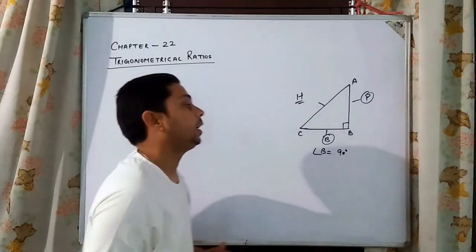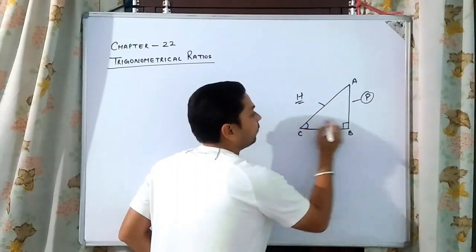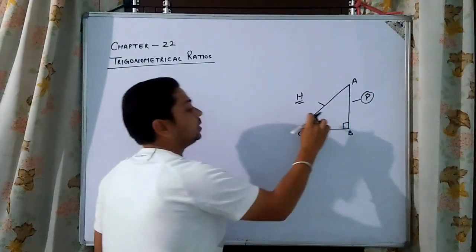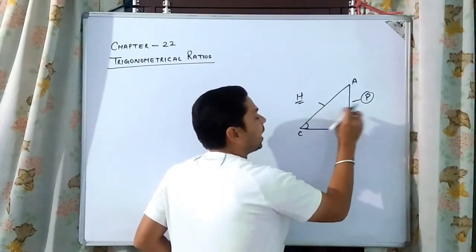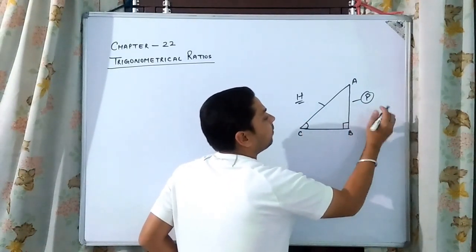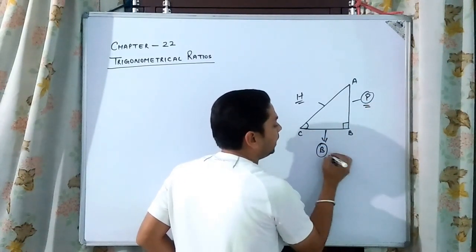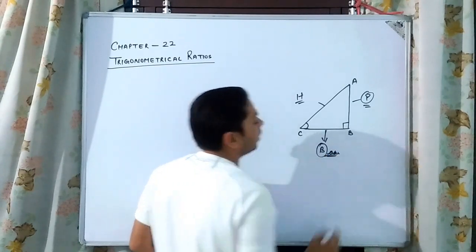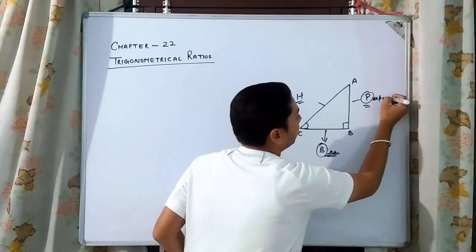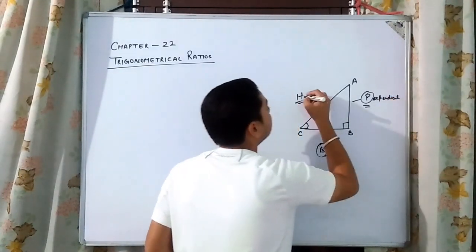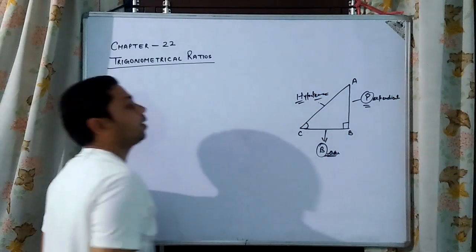And how we will proceed here? Suppose we take base angle as C. So in this case, the side opposite to this base angle will be your perpendicular, and this side will be your base B. This will be your hypotenuse.